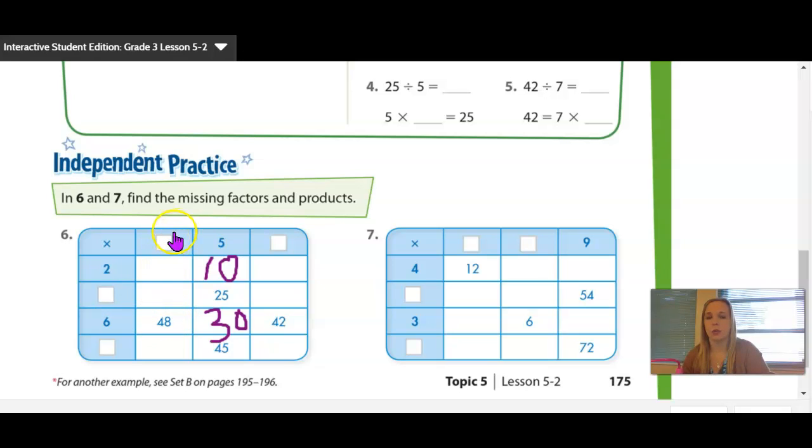What number would you think would be my factor here? If you said 8, you are correct. 6 times 8 equals 48. Now I have my factor, so I can go ahead and answer most of my columns here. Not all yet, but I have my 2 and my 8, which equals 16.